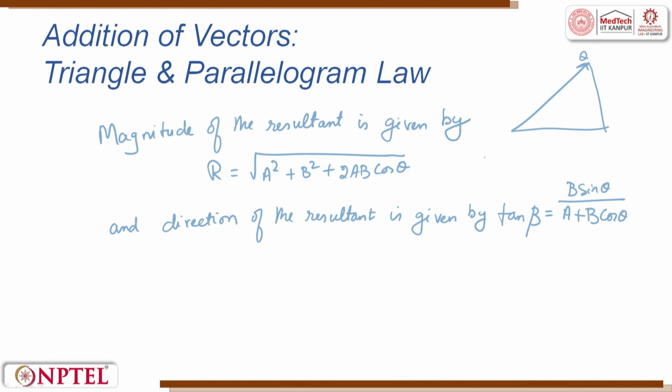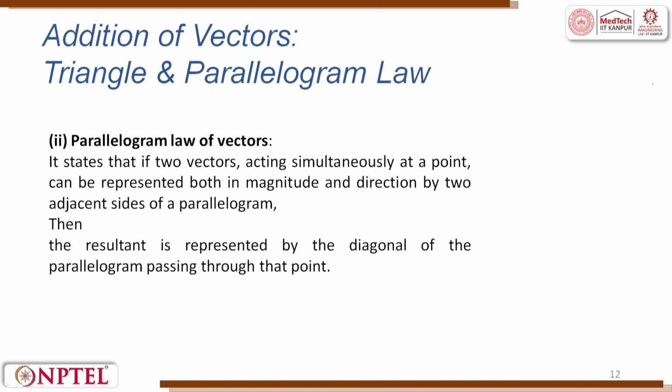This is Q, this becomes A, this becomes B vector, this is O and this is P. So, R vector equal to A vector plus B vector. We are trying to get the resultant, and the direction of the resultant is given by tan beta equal to this. Let us get into the parallelogram law. For that, we should first draw a parallelogram.